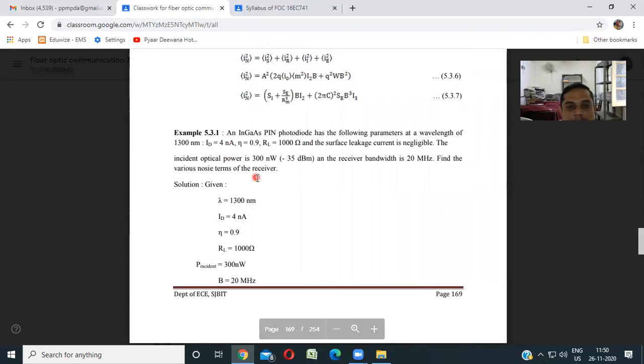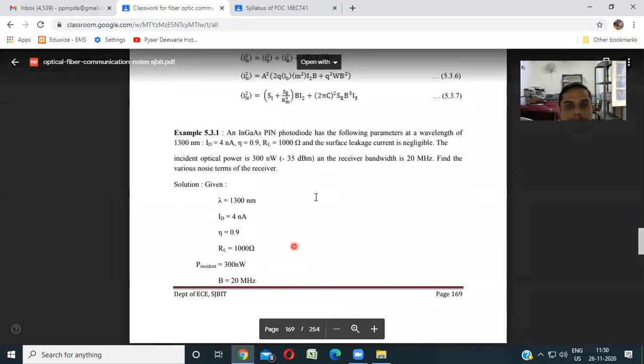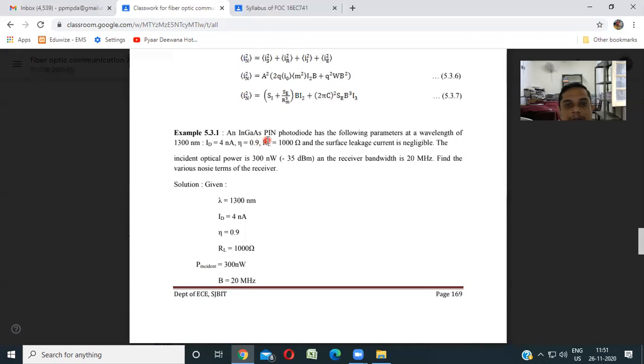So this is the example. Go through this example. An indium gallium arsenide PIN photodiode has the following parameters at a wavelength of 1300 nanometers: dark current 4 nanoamperes, quantum efficiency 0.9, load resistor RL 100 ohms, and the leakage current is negligible. The incident optical power is 300 nanowatts. If you convert into dBm, minus 35.